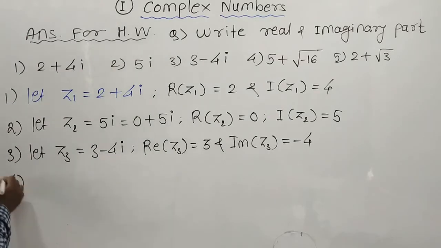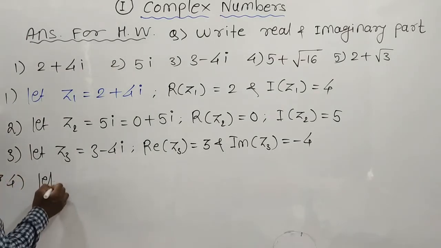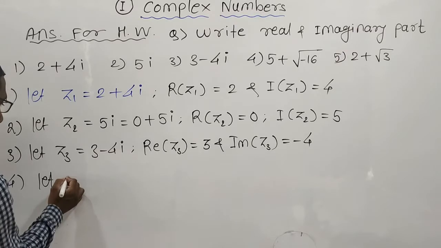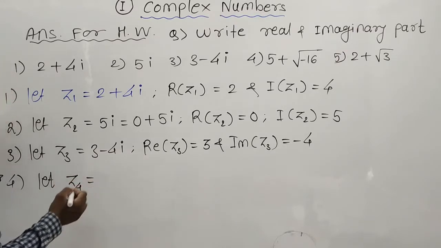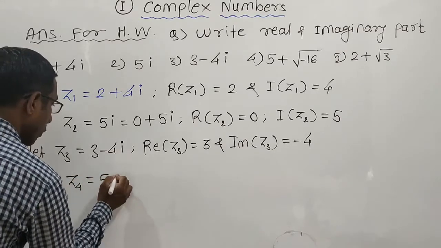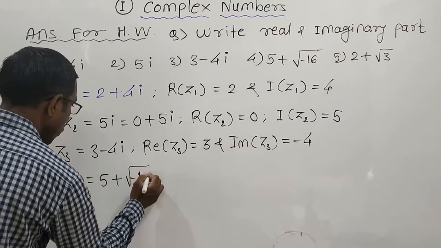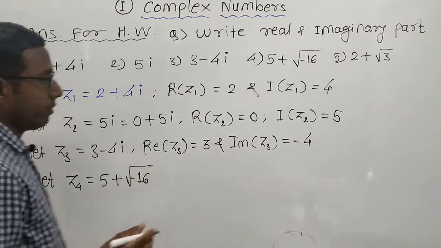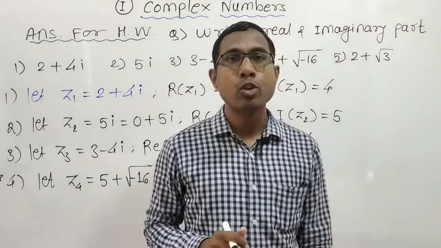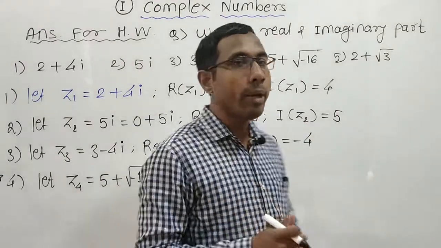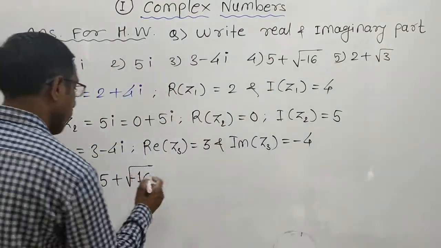Now let's see the fourth one. Let Z4 be 5 plus square root of minus 16. Here, first of all, I need to put the imaginary component in proper format.